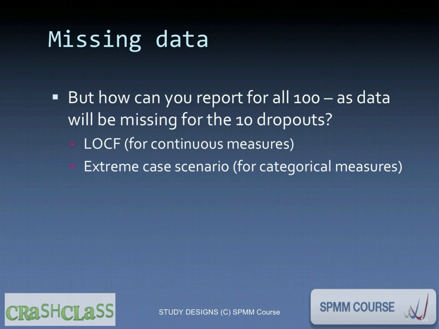You can do one of two things. You can do a last observation carried forward. People do not all drop out on a single given day from a trial. Some people drop out on the 12th day, some on the 12th week, some after 8 weeks, and so on. You just take the last observation that these people gave you, the last rating scale that they completed, and take the values from that rating scale.